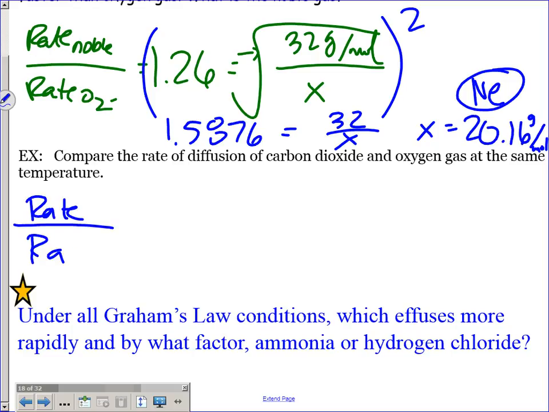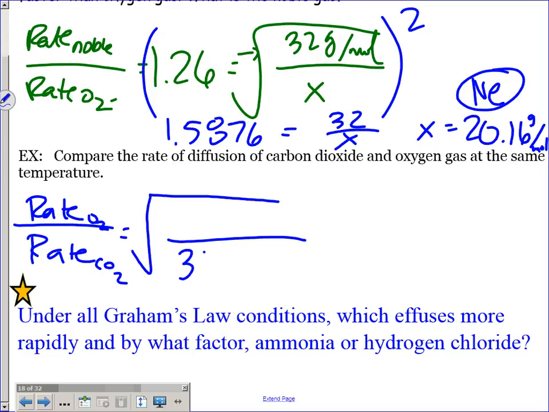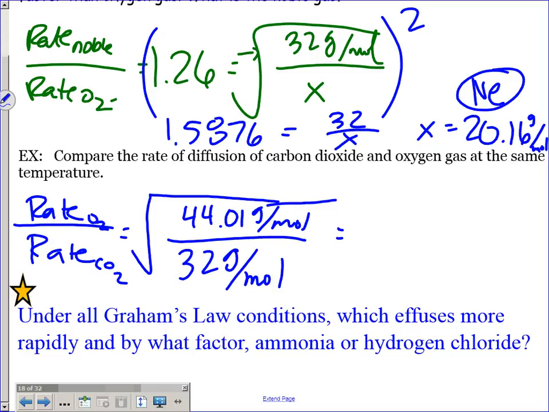What are you guys putting on top for your rate A? Oxygen, why? It's lighter, okay. What you got? 1.17, okay.